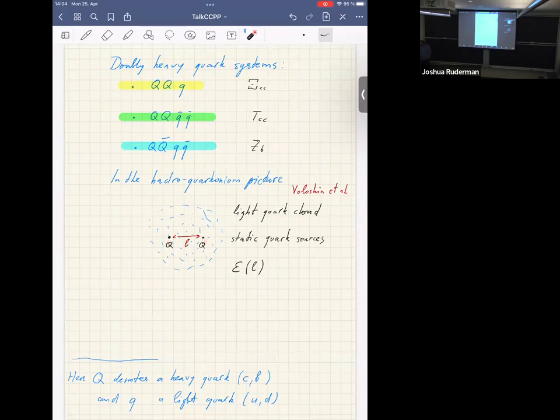So those 2 are non-relativistic, and then the idea is quite transparent. If one can compute the energy as a function of the separation between these heavy quarks, then the next step is just to solve the Schrödinger equation with such a potential to get the energy levels. So very similar to the Cornell model for quarkonium.